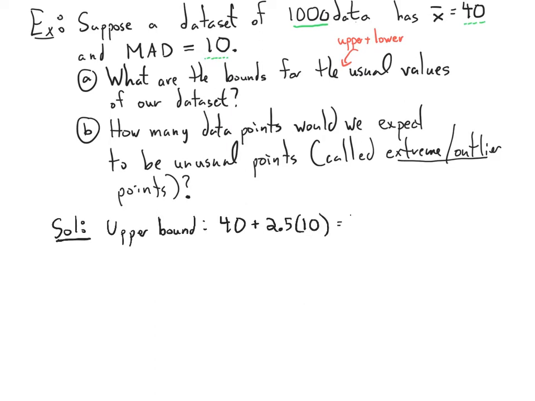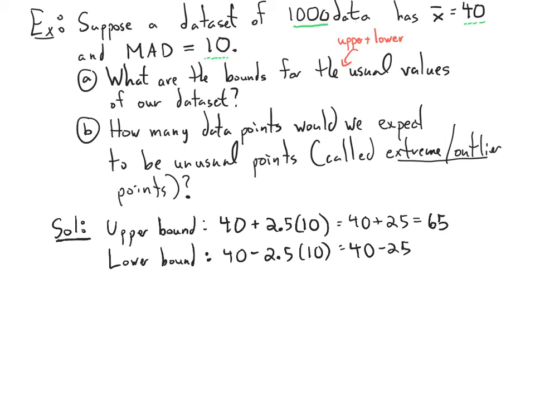So that is 40 plus 25 is 65. So that's the upper bound. And the lower bound is very similar. That's 40 minus 2.5 MADs. So that's 40 minus 25, which is indeed 15. So we know roughly 95% of our data is going to lie between the values 15 and 65.